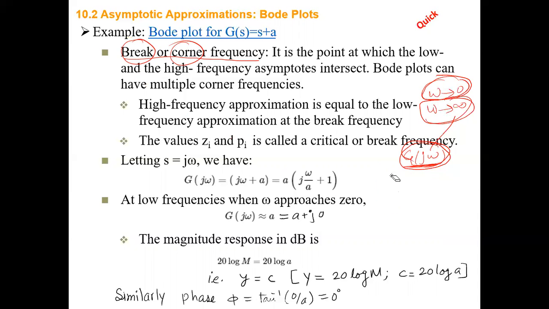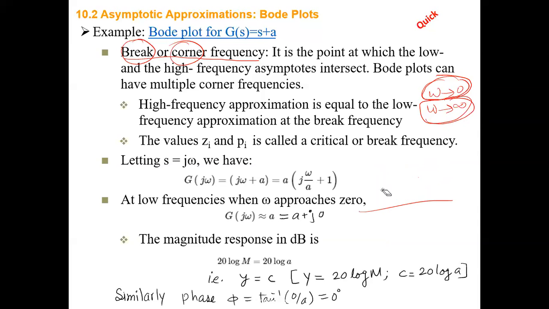Remember, a Bode plot can have more than one corner frequency. You can have one corner frequency, two, three, four. One thing is that at the corner frequency, whether you find this point based on this approximation or that approximation, you should get the exact same answer.